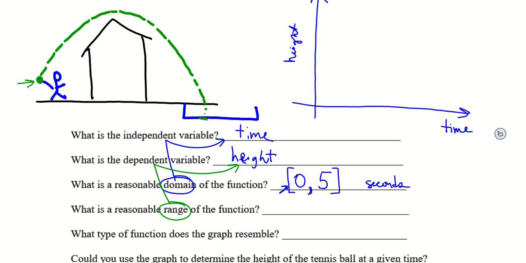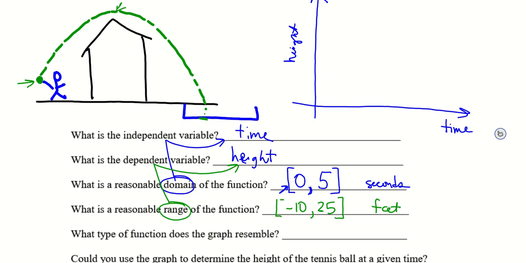So let's say this is a 10-foot deep swimming pool, which means our lowest height would be -10, and the highest height would be the peak of that path. And let's say if it flies over a one-story house, maybe it reaches 25 feet. So we're measuring this in feet, and in interval notation, this would be our range.